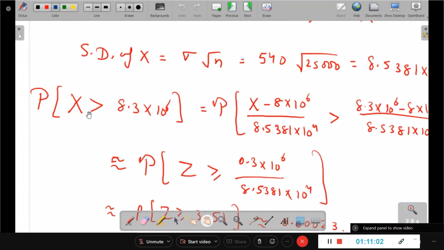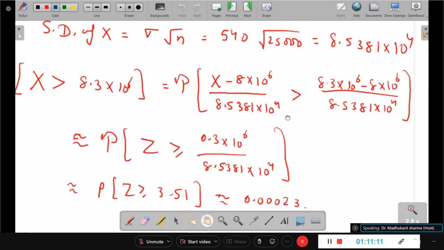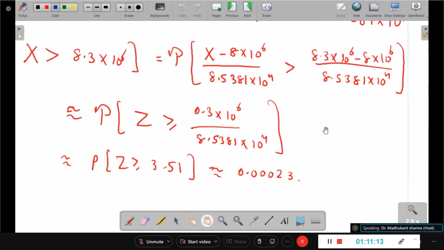Now change it into the standard normal variate: subtract the mean and divide by the standard deviation. Finally, you identify the probability that Z is greater than or equal to 3.51. If you check the normal table, it is 0.00023. That's the probability.